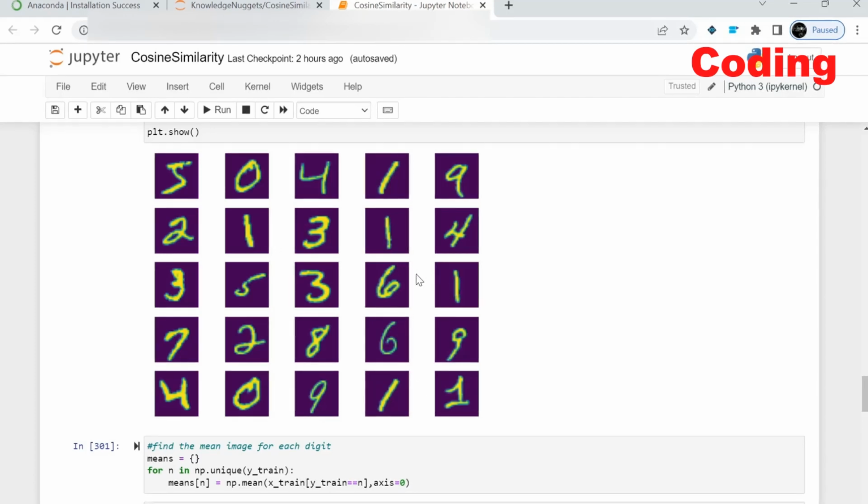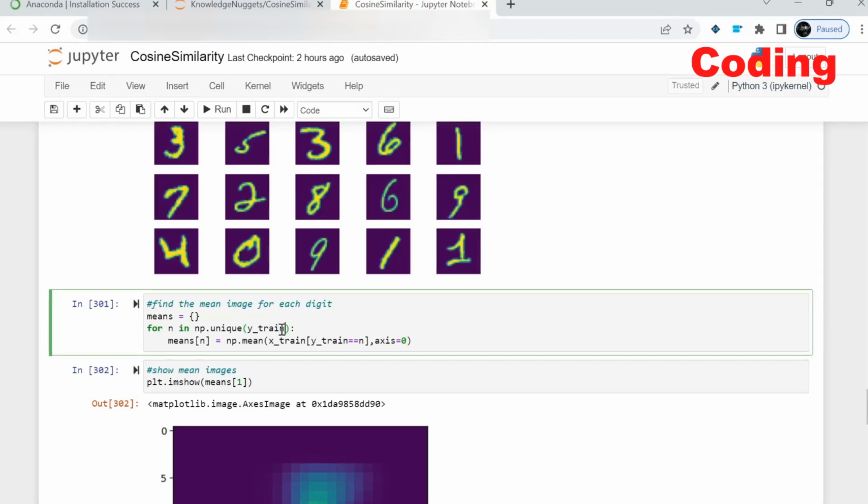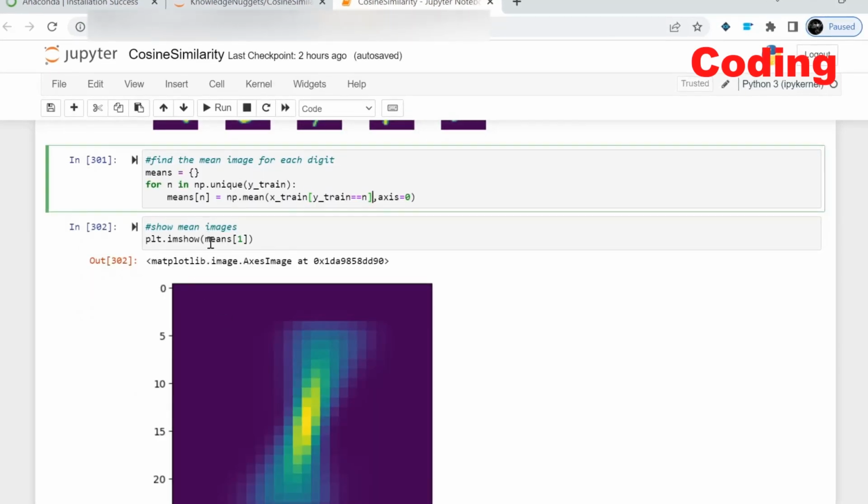Similarly for 1 and the other digits, we're defining a variable means which will include the mean image of all the digits from 0 to 9, then applying a for loop for each of the unique digits, adding up the image pixel values, and then getting the mean, using only the train dataset.